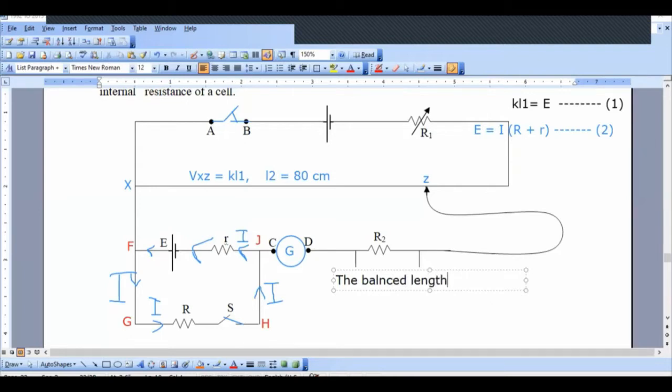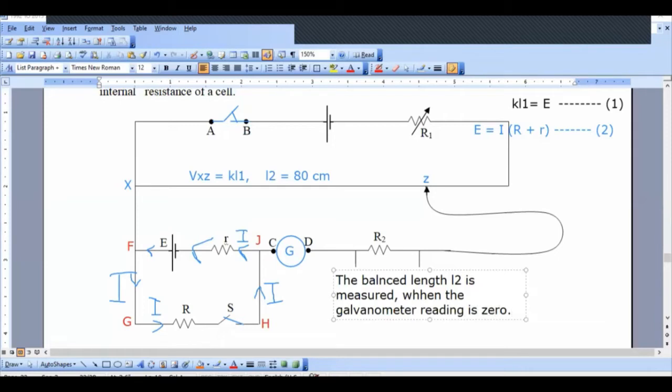Please write with me. The balanced length L2 is measured when the galvanometer reading is 0.